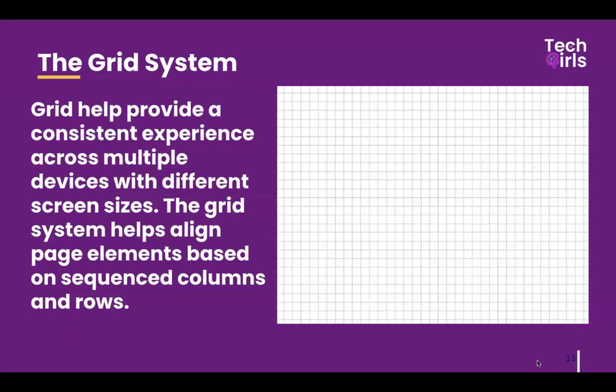So this is what a grid looks like. On your screen in Figma, there's a grid system there. It helps your spacing and your lines to be appropriate. Some people are not really good with using their eyes to create space and get everything well proportioned. So grid system will help you.